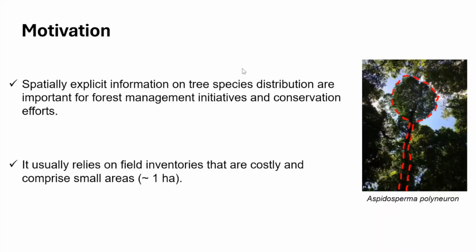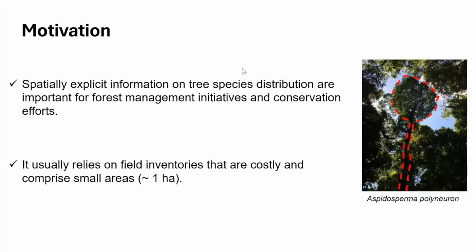Explicit information on tree species distribution, particularly in the tropics, is very important for forest management and conservation efforts. For example, we can locate tree species that were harvested in the past, and rare species, to collect seeds and for seedling production in the context of restoration initiatives.